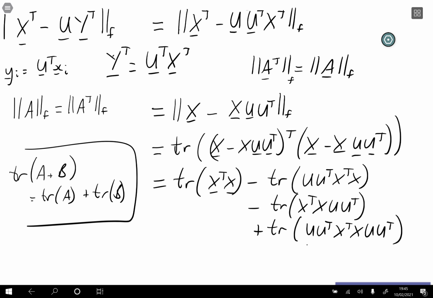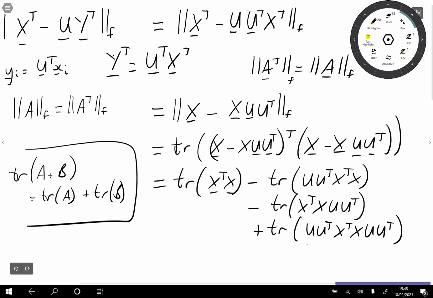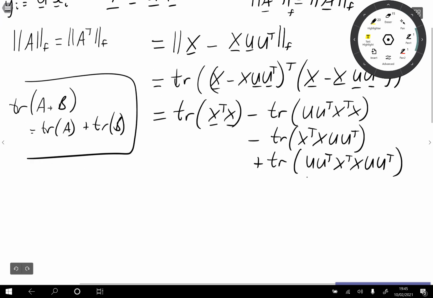Okay, I'm going to stop underlining my matrices. There's too many of them. Everything's a matrix.